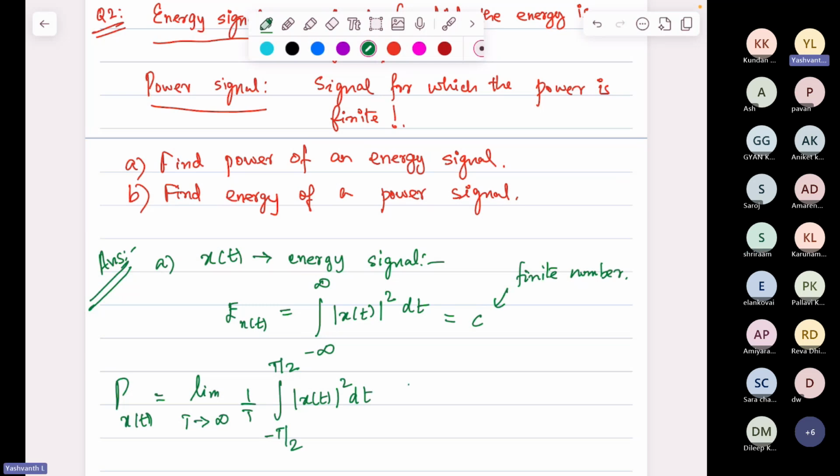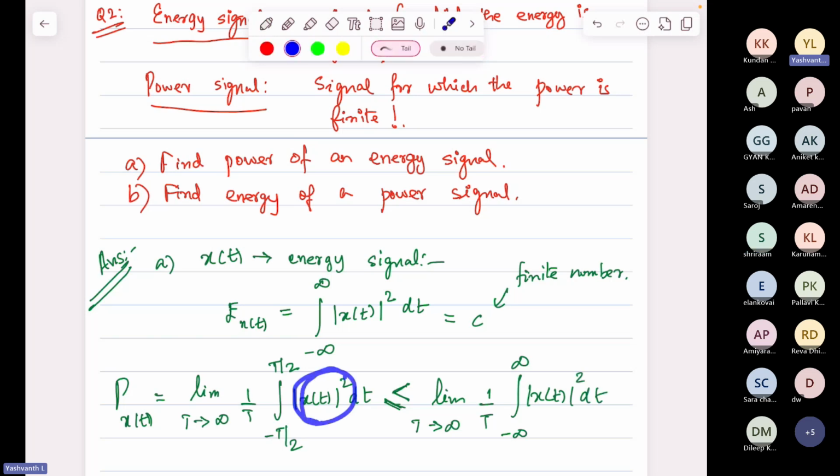Now I can use an upper bound, that is, I can bound this as less than or equal to limit T tends to infinity 1 by T integral from minus infinity to plus infinity of mod of x of t square. Why is this true? Because mod of x of t square is a positive real number.